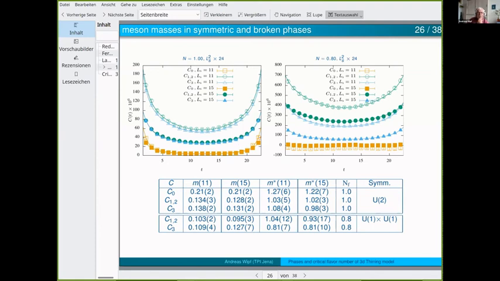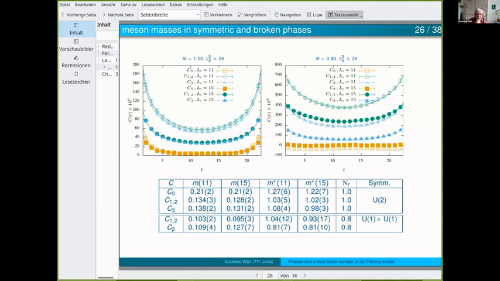Now here's the 2-point correlation function, and then we extracted the masses here. The left-hand side is N equals 1, the right-hand side N equals 0.8. So the right could be in the broken phase with Goldstone bosons, and the left probably in the symmetric phase without Goldstone bosons. And just look at the masses. The labels just mean different lattice sizes.